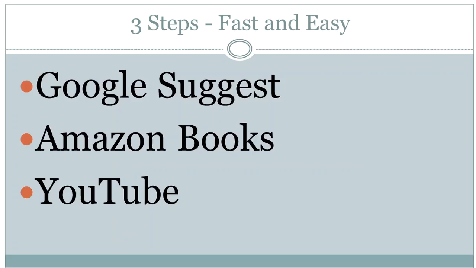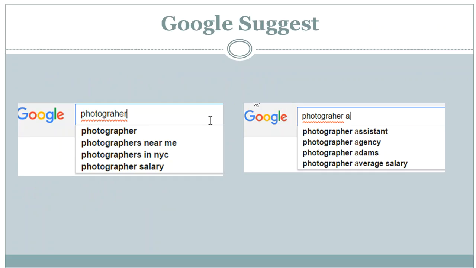There are three tools that we start out with that we use all the time to develop a strategy for clients: Google Suggest, Amazon Books, and YouTube. These three tools are going to tell you what your customers are looking for. With Google Suggest, when you do a search and type in a word, photographer for example, you see a drop down of keywords.